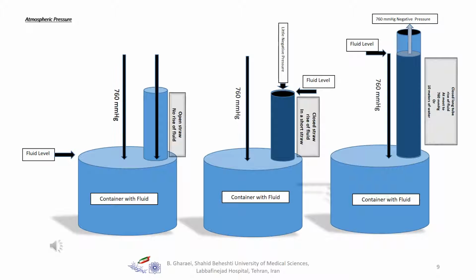So in that case, you will have some negative pressure, which is at most 760 millimeters of mercury, which is equal to 0 Pascal pressure, or we can say relatively it has a -1 atmosphere negative pressure over there.